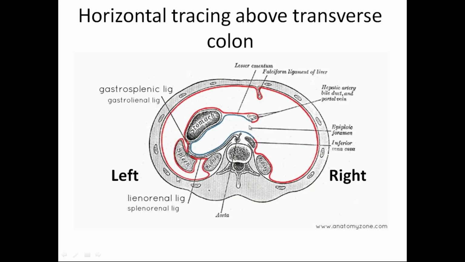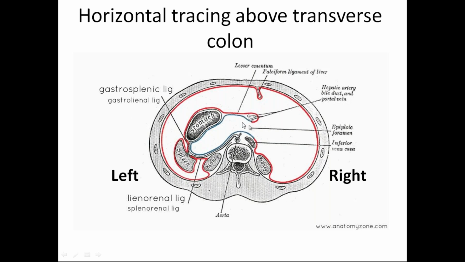This left layer of the falciform ligament covers the anterior abdominal wall. Then it comes behind the spleen and covers the anterior part of the left kidney. Then it forms the posterior layer of the linorenal ligament. This posterior layer of the linorenal ligament again covers the spleen and forms the anterior layer of the gastrosplenic ligament. This anterior layer of the gastrosplenic ligament forms the anterior covering of the stomach. Then it connects with the anterior layer of the lesser omentum.